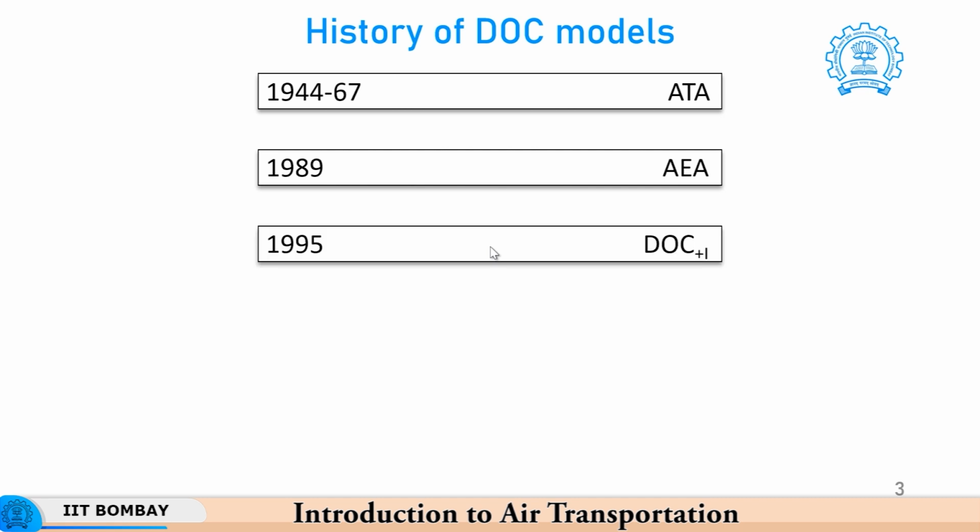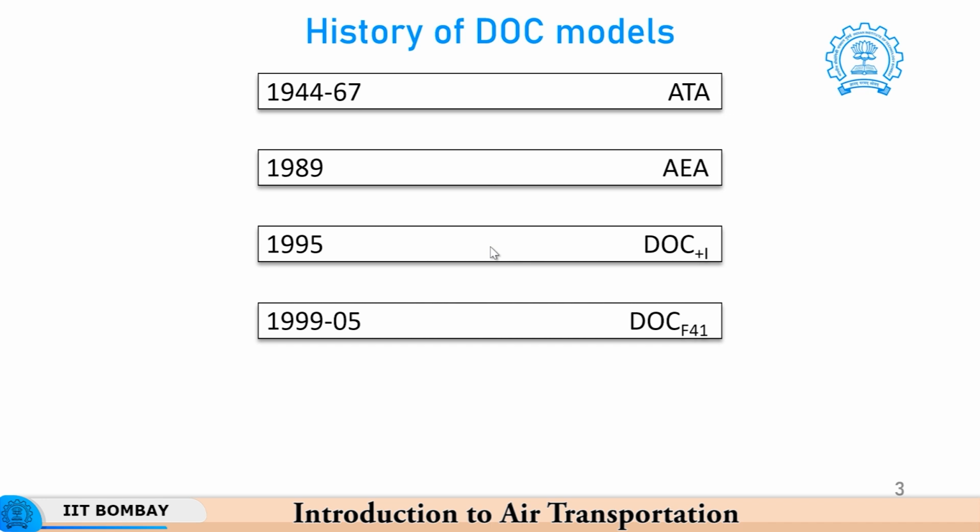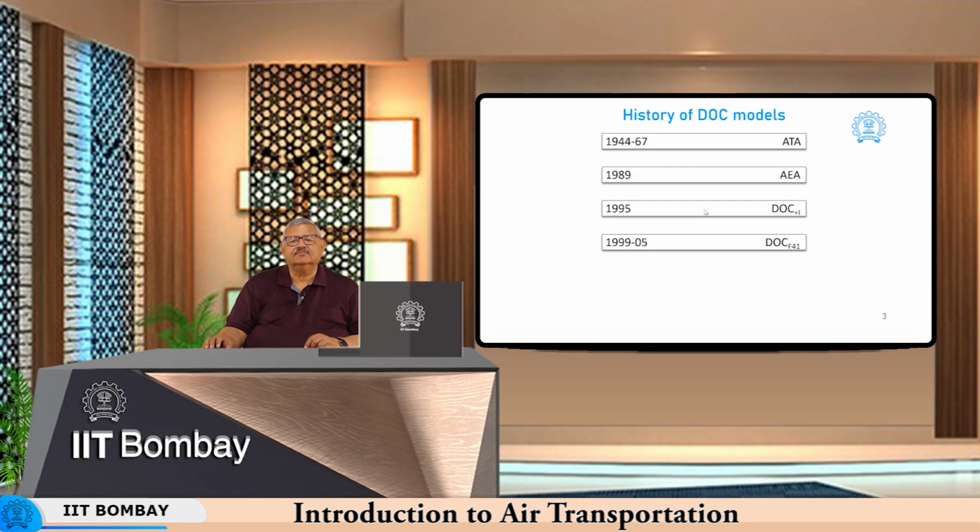Then there was a model in 1995 called the DOC plus I model, because it included certain additional terms over the ATA model. Then in 1999 we had a model called DOC F41. I will talk about it in some more detail.